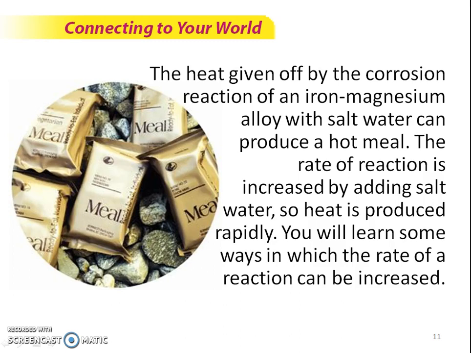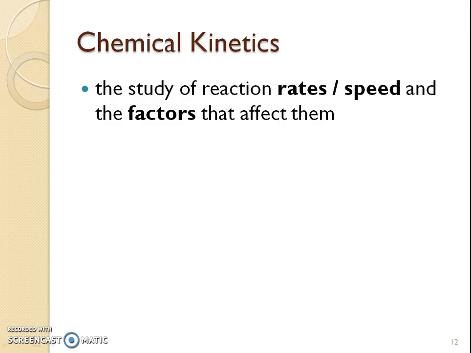So this is really, really important. The rate of reaction is increased by adding salt water, so heat is produced rapidly. You will learn some ways in which the rate of reaction can be increased. Again, if you're interested in that hot meal, you want to produce it rather rapidly so that you get that meal to cook the way it's supposed to.